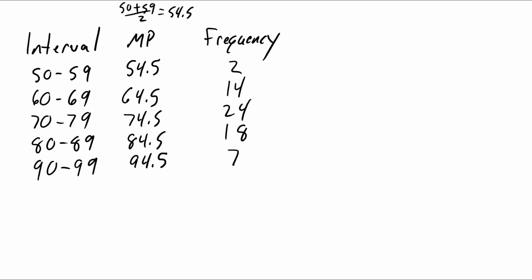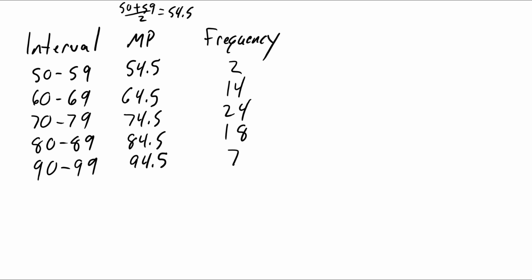So the two that were between 50 and 59, we're assuming both of those are 54.5. So now to take the average, essentially we're just going to add these all up. We're going to add up 2 54.5s. We're going to add up 14 64.5s. We're going to add up 24 74.5s, and so forth and so on.